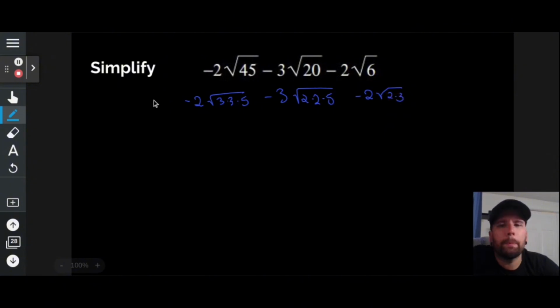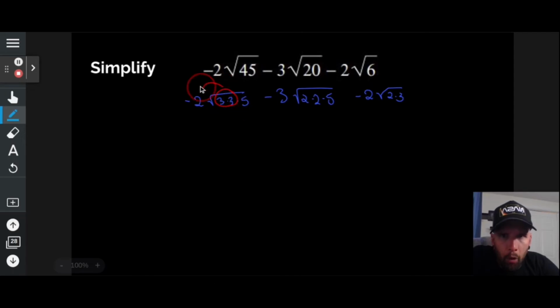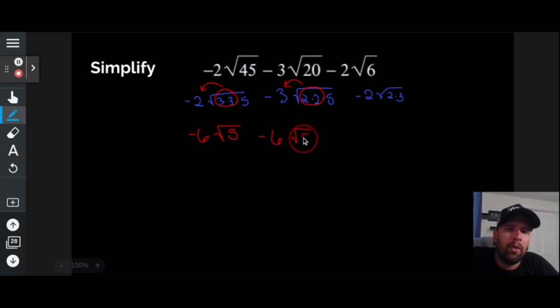Can't do much there. I can bring out a group of 3s and multiply it to that negative 2, and that gives me negative 6 and leaves me with the square root of 5. I can pull out a group of 2s and bring that out and multiply it to that negative 3 and get another negative 6, and I'm left with the square root of 5.